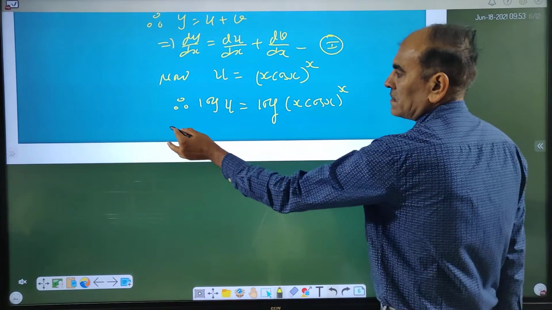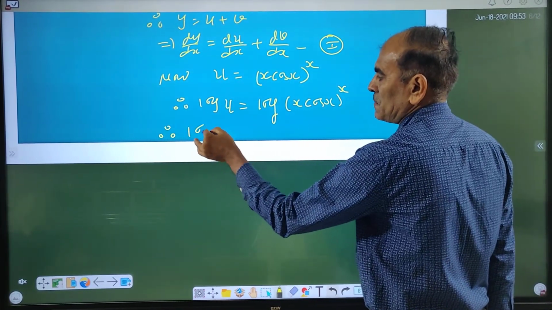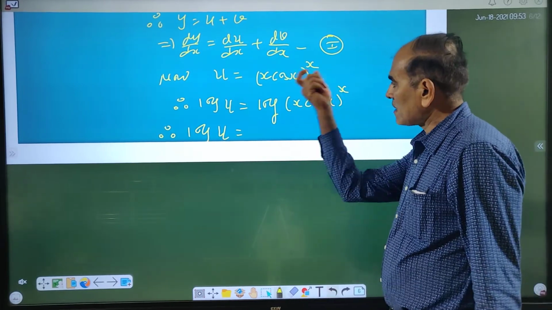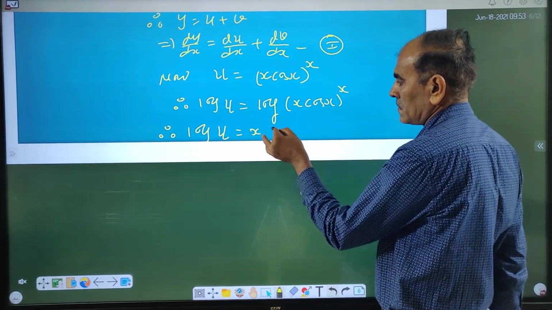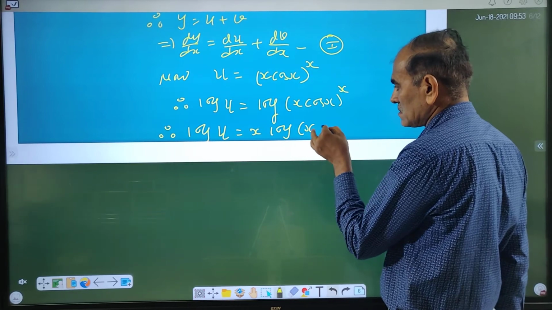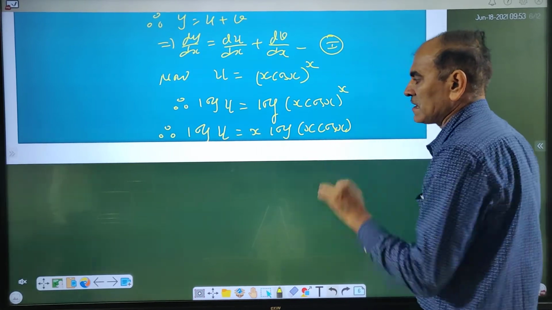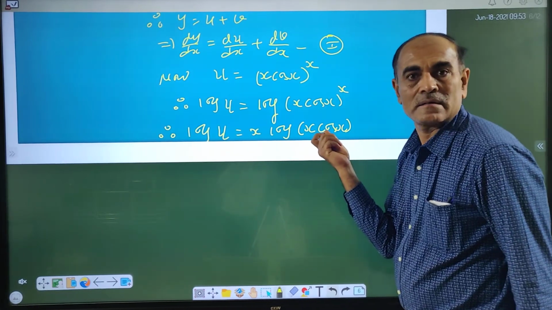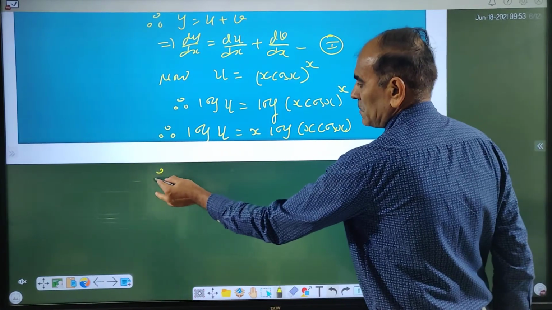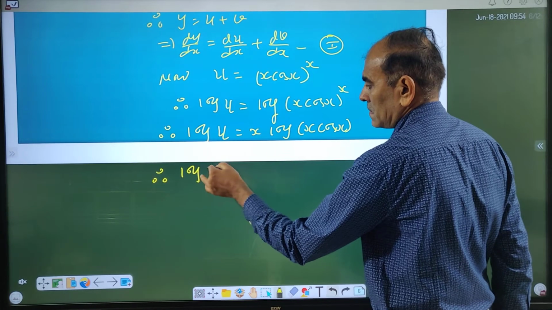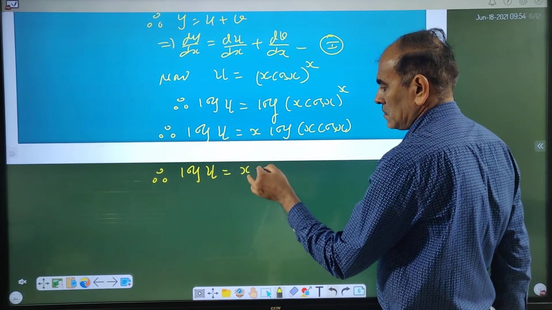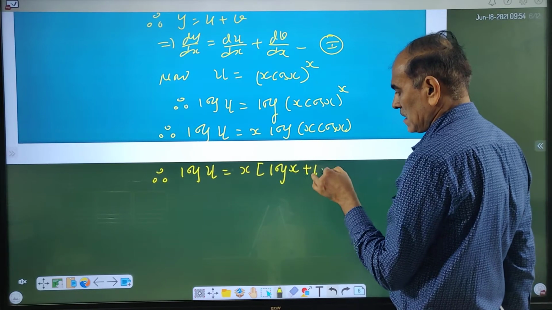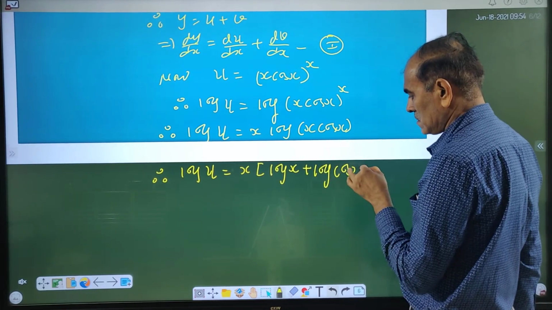See here. Therefore, we can apply properties of logarithmic function. Log u is equal to x log of (x cos x). Dear friend, here also a product is there, so apply that property here. Log u is equal to x of (log x plus log cos x).